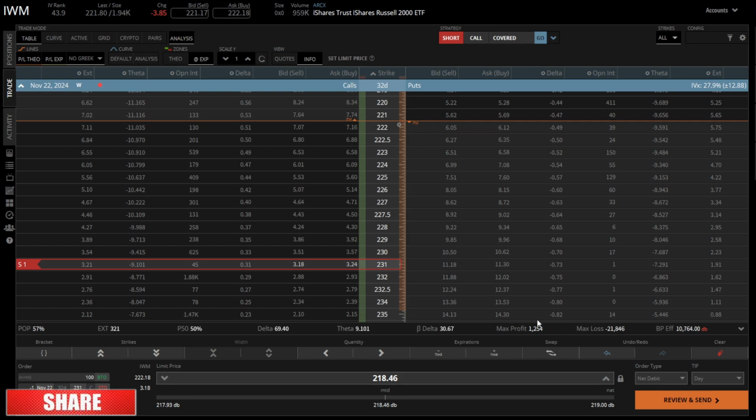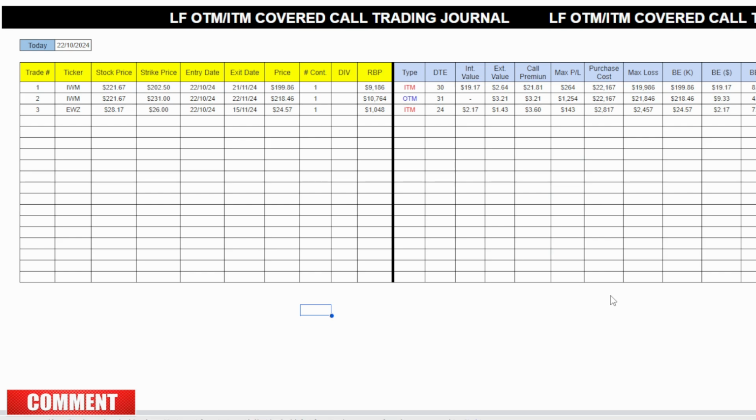In this case, as you can see, our maximum P&L is going to be 1,254 with a maximum loss of 21,846. If you go back to our trading journal, this is exactly what I said: our maximum P&L is going to be 1,254, like I showed you on TastyWorks, and our maximum loss is going to be 21,846.